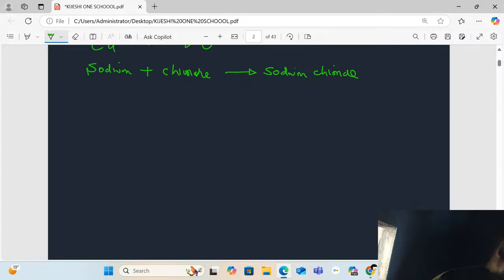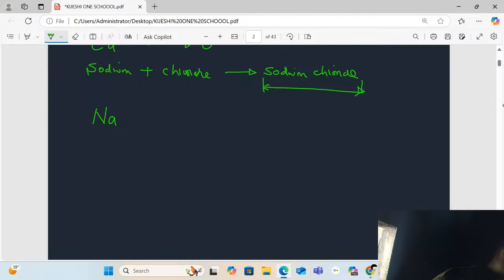Then from here, you must write it in chemical formula. Therefore, we are interested in this part. For us to form sodium chloride, we must have sodium ion.